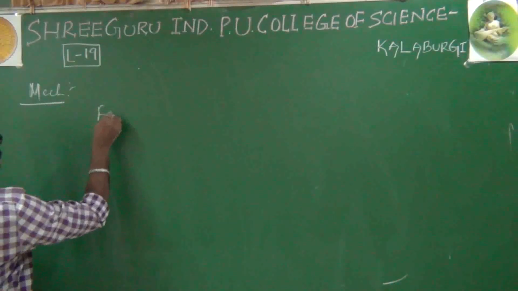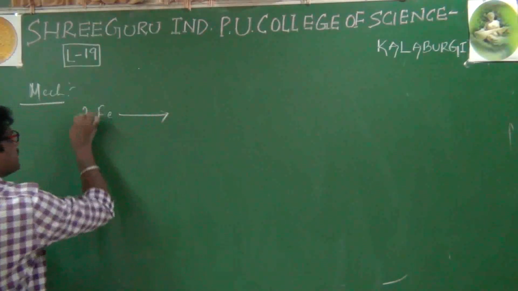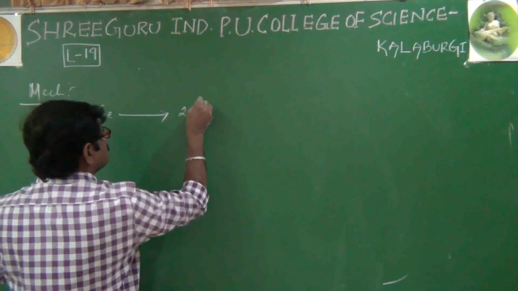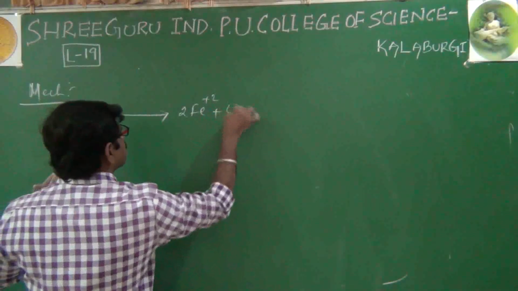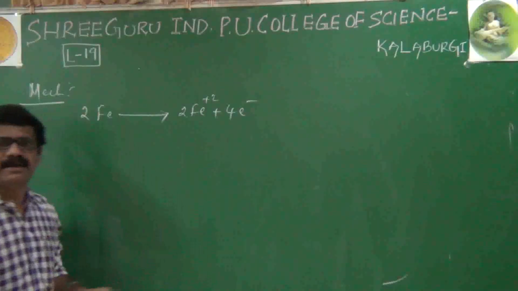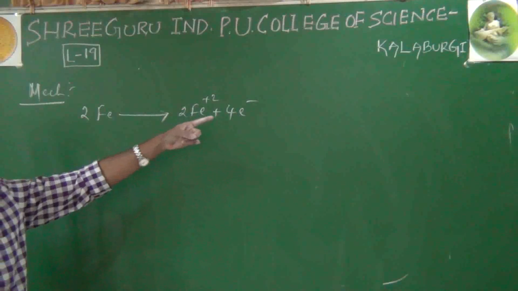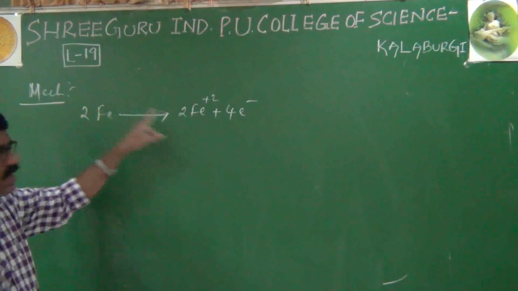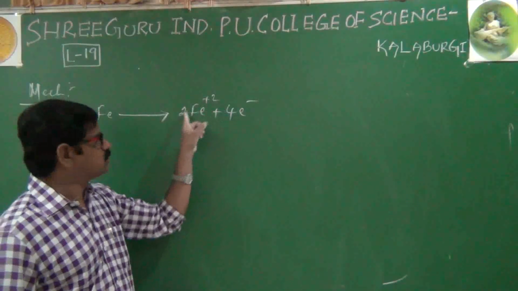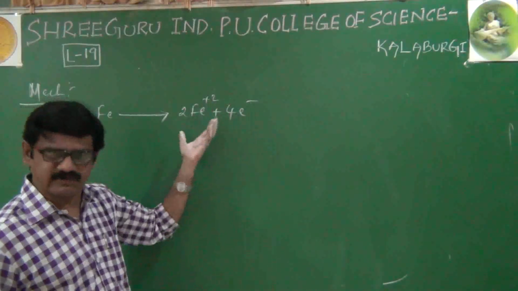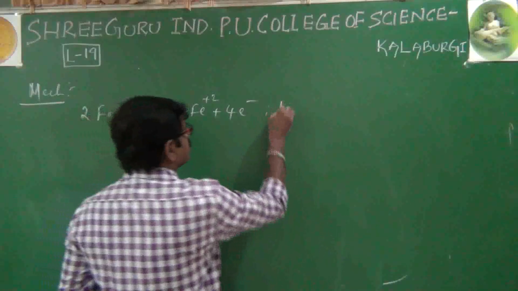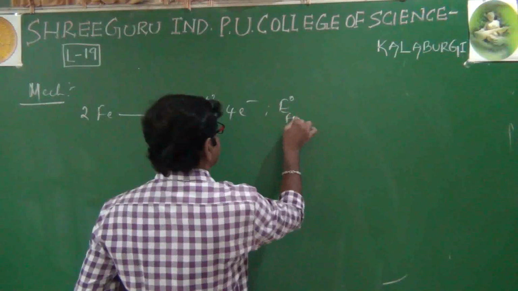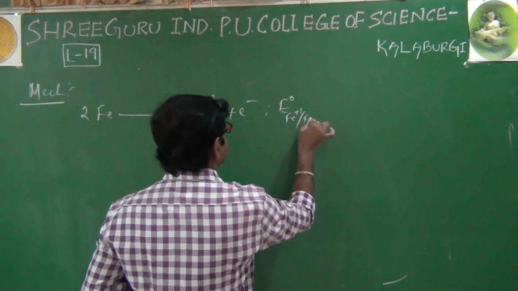Iron, for balancing purpose I am taking 2, by losing electrons converts to Fe plus 2. It is absolutely balanced on both sides: 2 Fe, 2 Fe. Left side charge is 0, right side 2 times 2 is 4, plus 4 electrons, minus 4, so of course 0. And it's already known to you, the SRP value E naught Fe plus 2 oblique Fe.